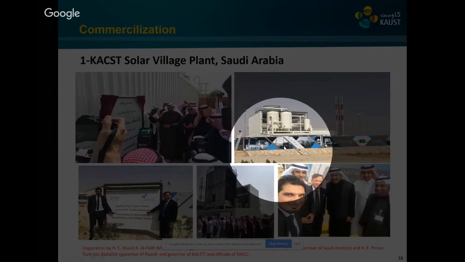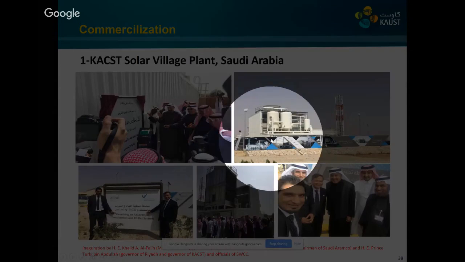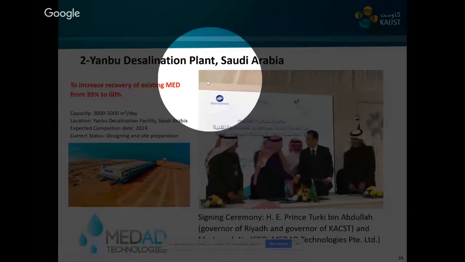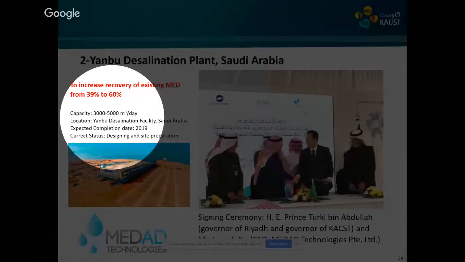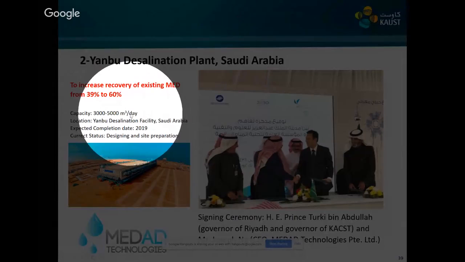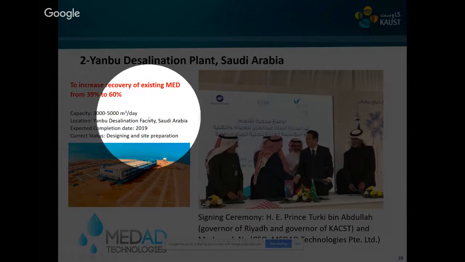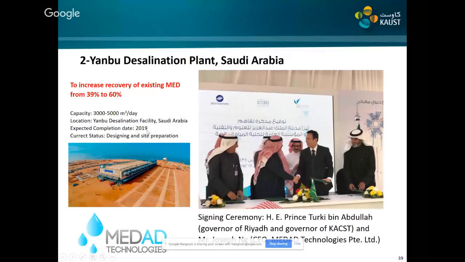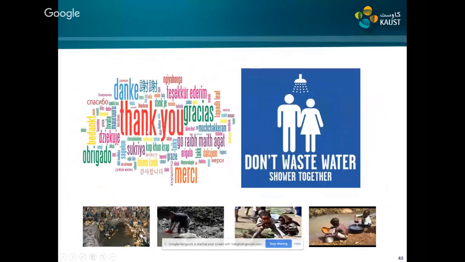After the successful operation of this plant, we got a contract for another plant that will be installed at Jambu in Saudi Arabia. The capacity is around 3,000 to 5,000 cubic meter per day, depending on the waste heat available. We have almost finished the design, and now we are in the fabrication stage. With this, thank you very much.